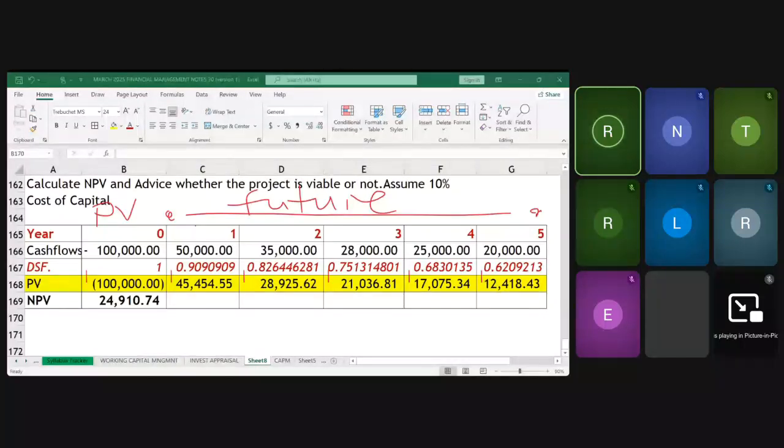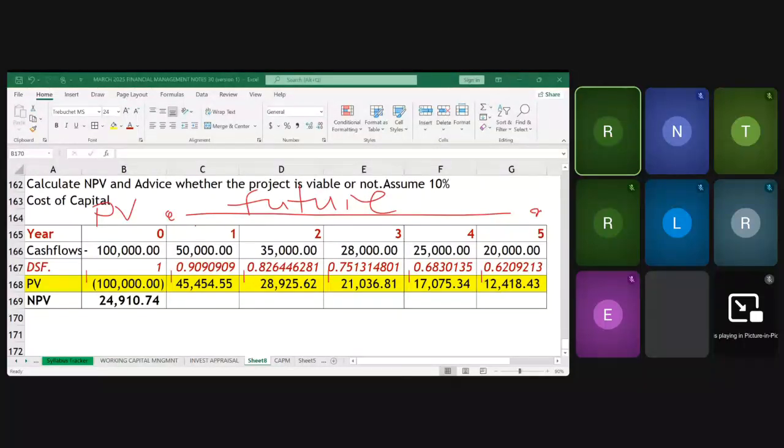So what does that mean? In this case, we are saying we have invested 100,000, but this 100,000 was provided to us by someone, and the person had charged us 10% as their cost of capital. So the moment we are discounting, we are giving back the investor their money.